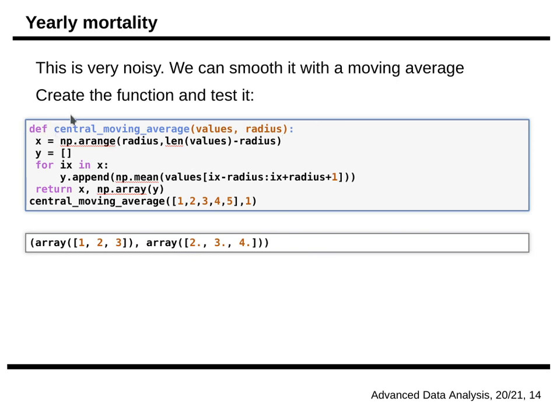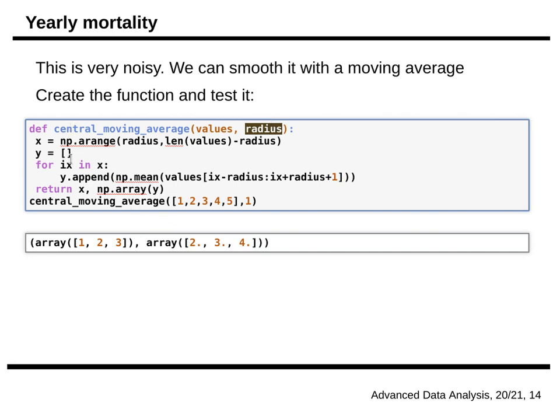So here what we do is we receive a set of values. This is a one-dimensional array, and the radius is the number of elements we're going to move to the left and the right to create that window over which we're going to average.